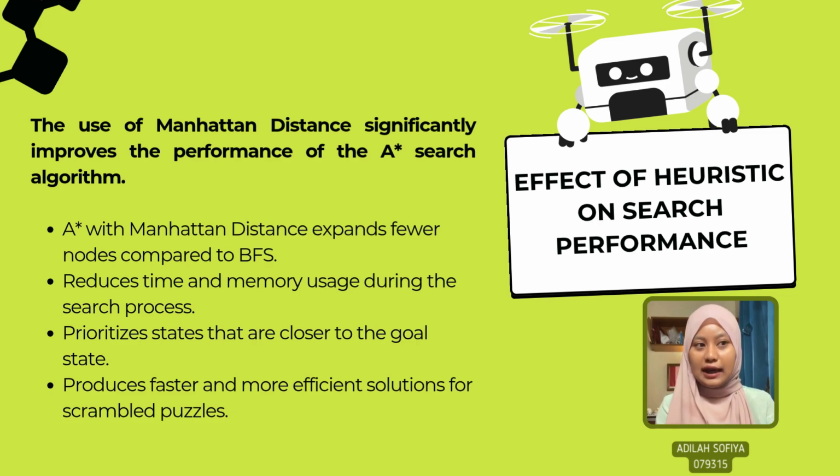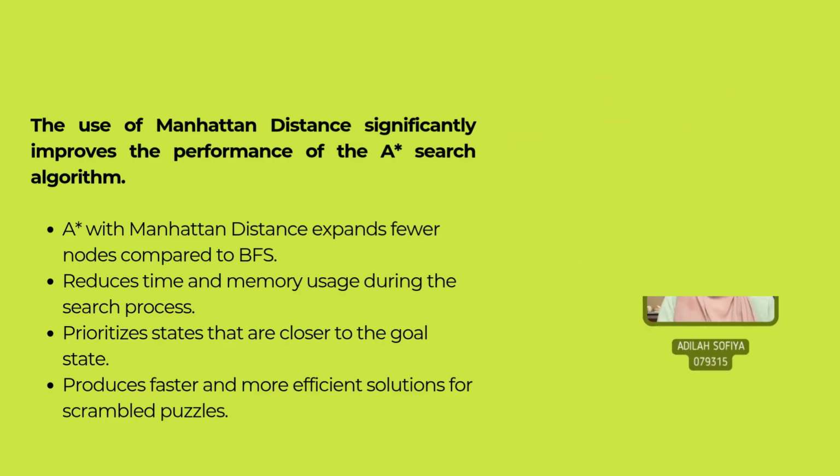Compared to BFS, which explores states without guidance, A-star with Manhattan distance expands fewer nodes. This reduces both execution time and memory use. The heuristic also helps prioritize states that are closer to the goal state, making the solution process faster and more efficient, especially for highly scrambled puzzles.